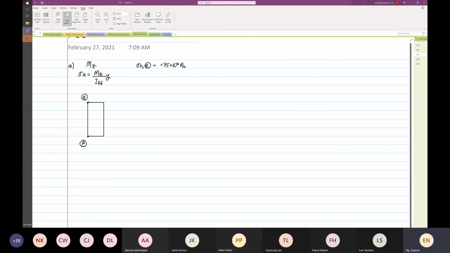Then we calculated stress x at point beta, and we realized that it's minus 75 times 10 to the power 6 Pascal.